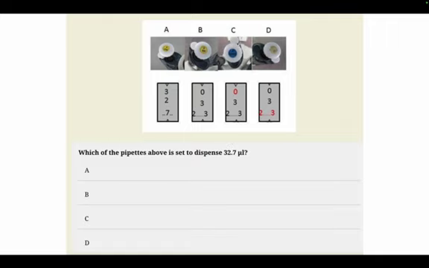So here, when we look at the pipette display, this is going to be the highest digit under the highest count of the pipette.